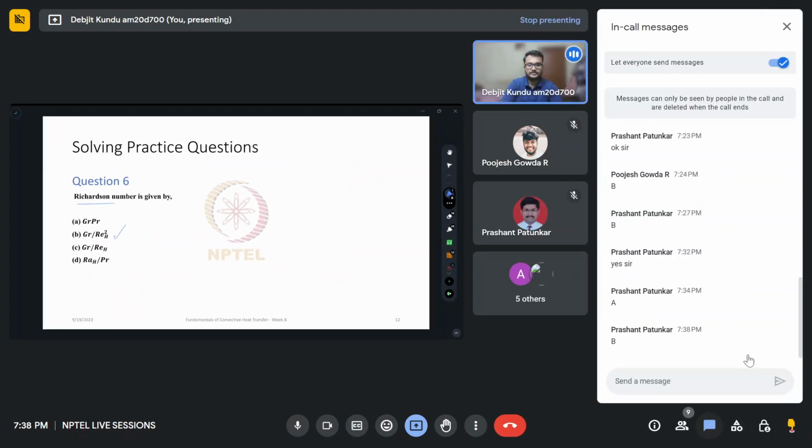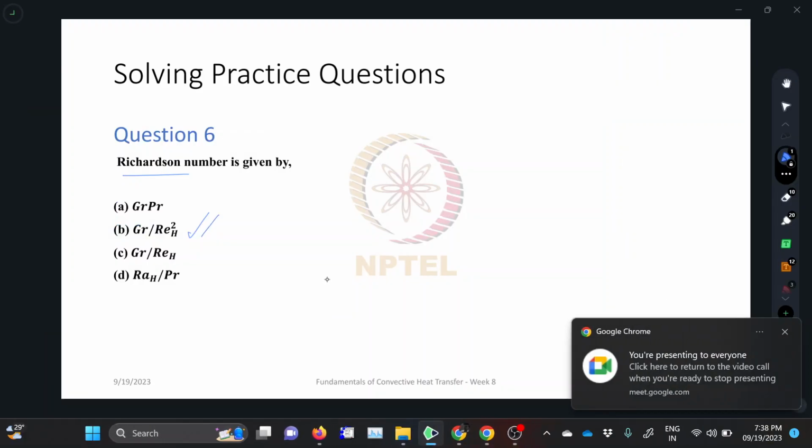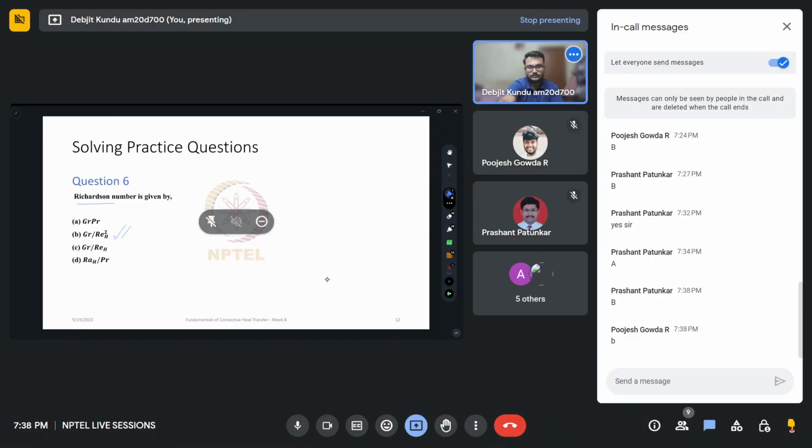So option B says that it's Grashof number divided by Reynolds number squared. We have one more answer in favor of option B. What do the others have to say? Would you agree with option B, or would you like to say that it's something else?